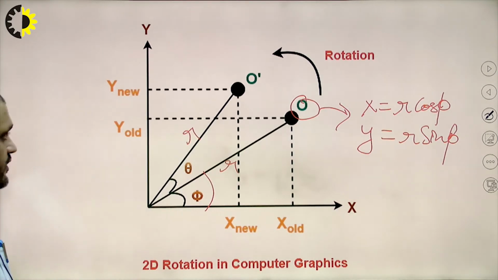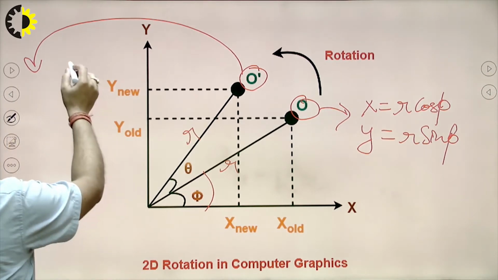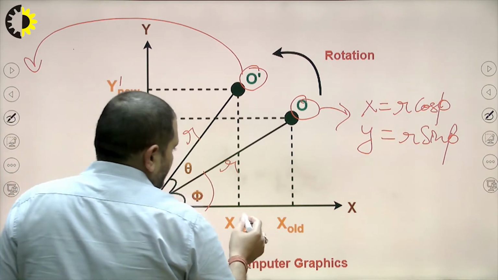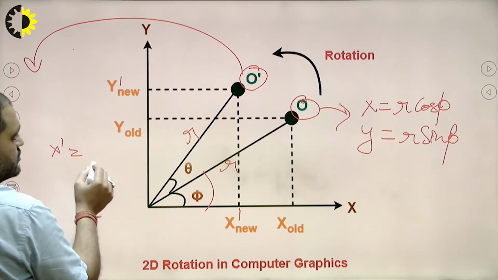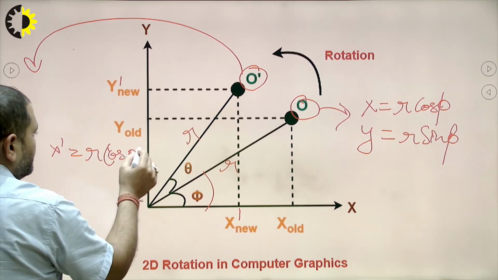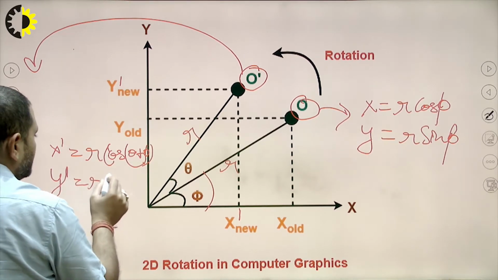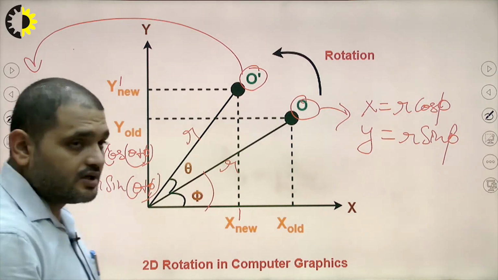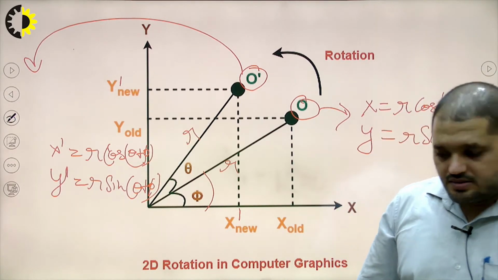For O dash, the new values x dash and y dash are: x dash equals r cos(theta plus phi), and y dash equals r sin(theta plus phi). I think there is no problem in this simple geometry.